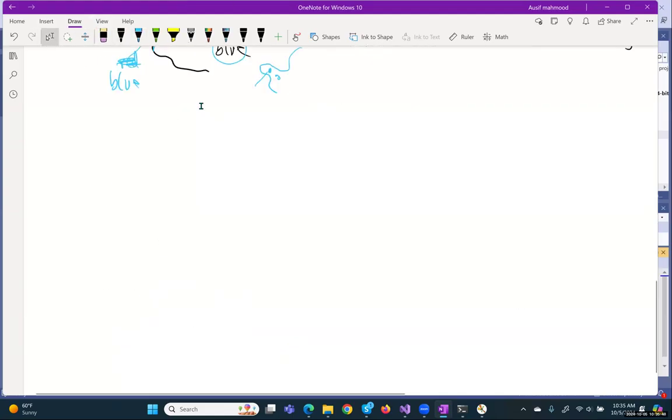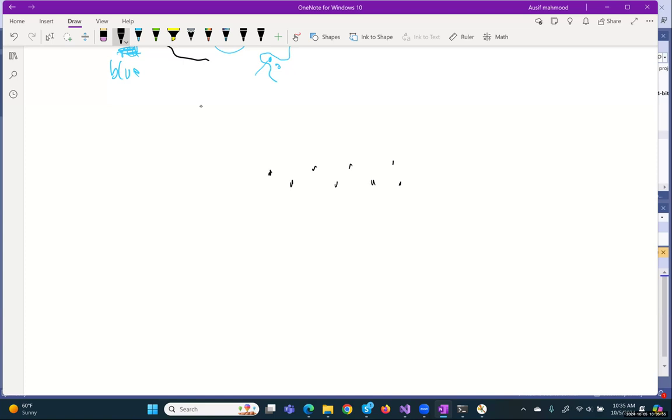Another way to understand overfitting, I think I gave an example of it. So what if our data look like this? Okay. And suppose it can be separated by a straight line. Okay, but due to some measurement error, if we pick too many neurons, it will try to accommodate each and every data point.